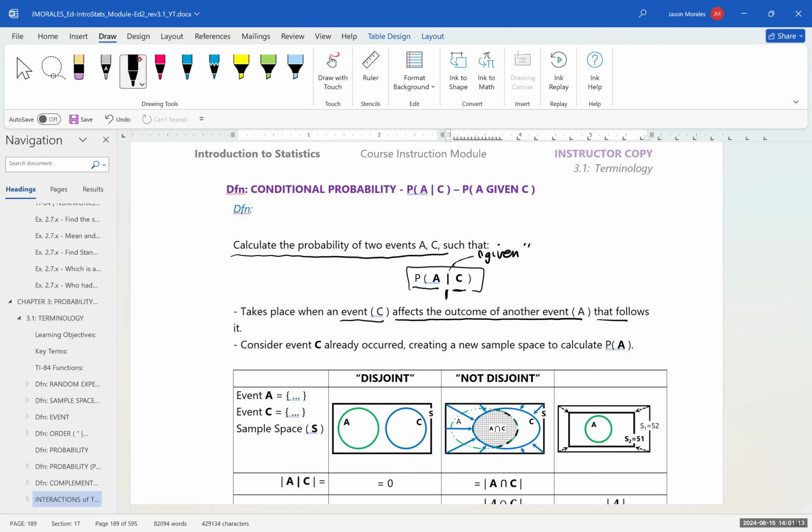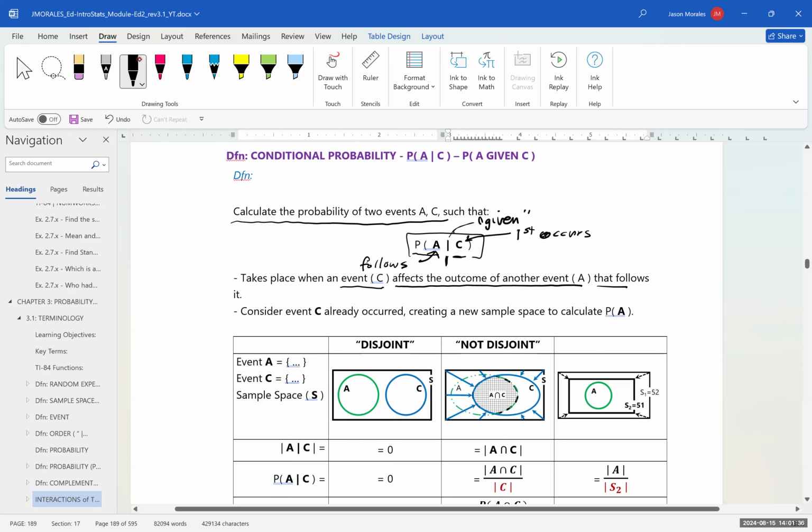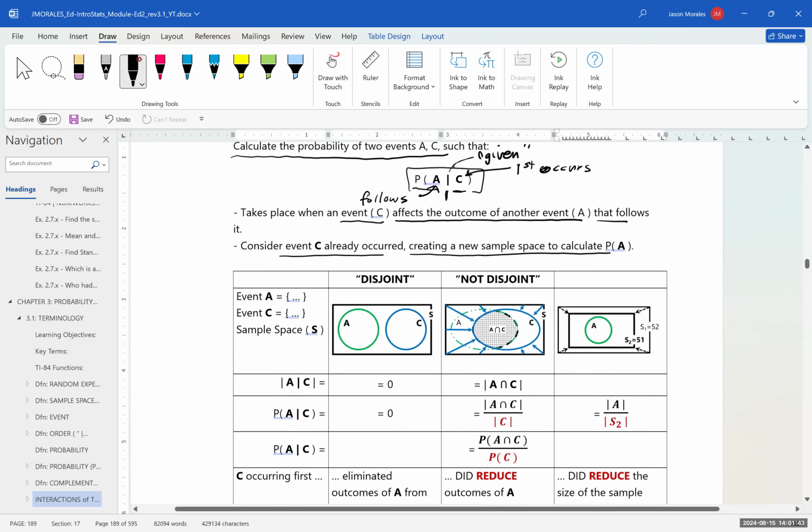The event we put last is actually the event that occurs first, and the one ahead of the given symbol is the event that follows, or occurs second. So consider event C already occurred, creating a new sample space to calculate the probability of A.